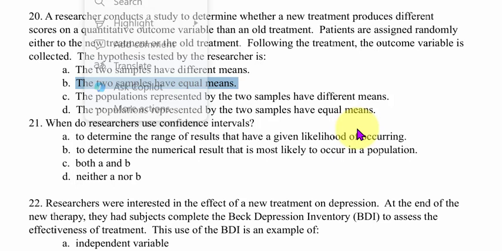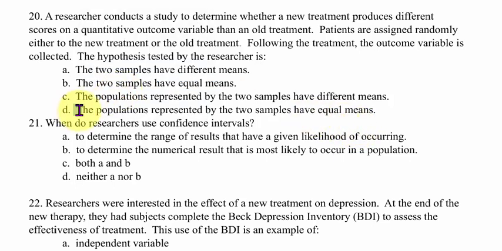But looking down here, it looks like D is a better answer because it is talking about the population means. The populations represented by the two sample means have equal means. That is the big null. So I'm going to say D is the right one. But C is wrong too. Again, we're not testing if they have different means. We're trying to prove that the means are not the same.